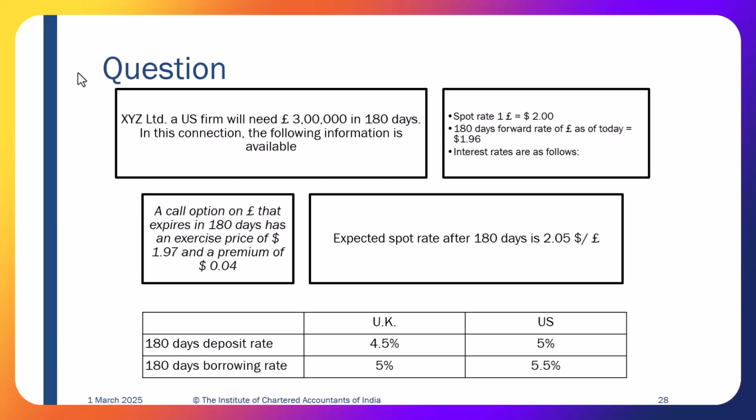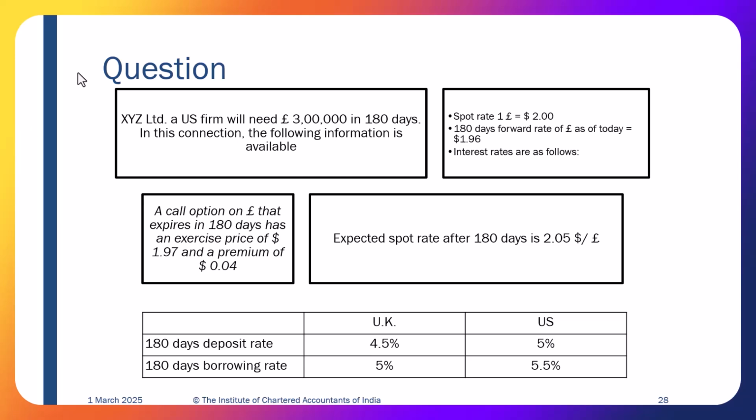Then the calculation would be different. So if you understand well, then you can have two assumptions. One assumption is that if the rate goes up, he is going to exercise the option. Suppose it matches his expectation, then the outcome is what I have shown. The profit is 12,000 plus the rate of 2.05 multiplied by 3 lakh pound. Add them both, you get a total.